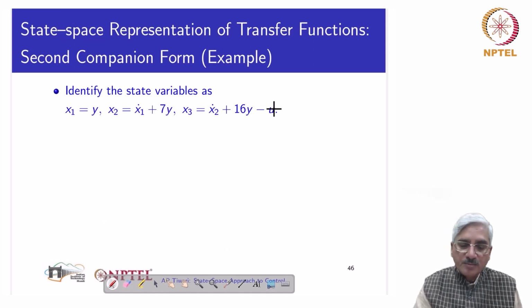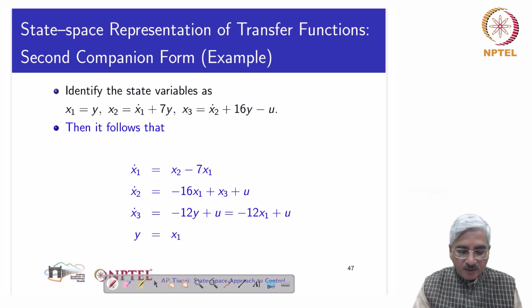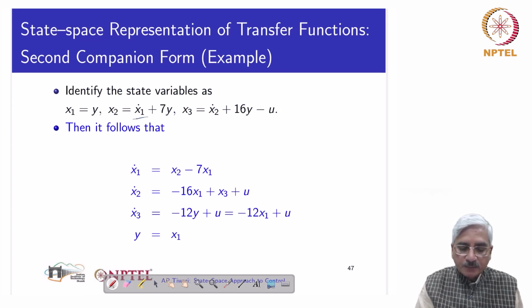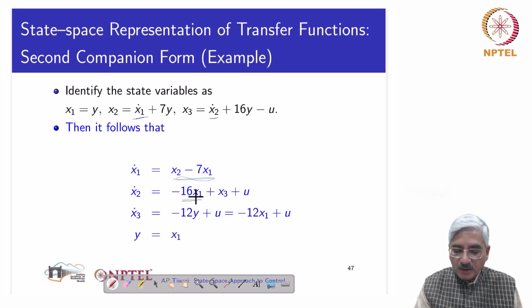So we get x1 equal to y, x2 equal to x1 dot plus 7y, x3 equal to x2 dot plus 16y minus u, and from that it follows that x1 dot is x2 minus 7y, and we substitute x1 in place of y, so x2 minus 7x1. x2 dot is x3 minus 16y plus u, and substituting y equal to x1, it is minus 16x1 plus x3 plus u.